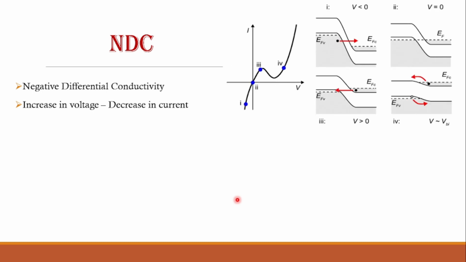If you observe the graph, the nature looks somewhat like this. Current is along the y-axis, voltage is along the x-axis, and the interesting feature of the curve is the presence of NDC, that is negative differential conductivity. And here we can observe, even if the voltage increases, there is a decrease in current.